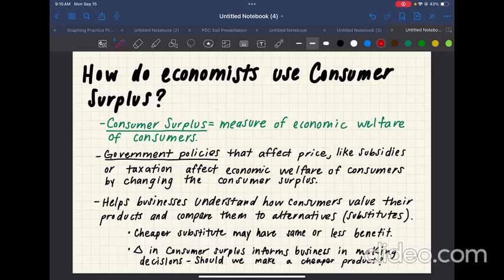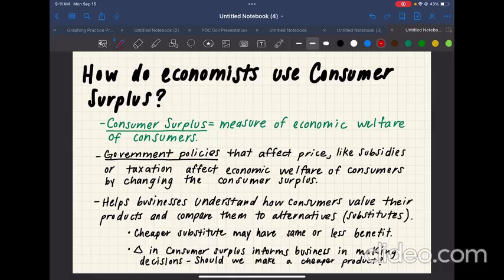So if you had a cheaper substitute that had the same benefit as a product, which is not the case with my iPad, then it would have a greater consumer surplus because it's a less expensive product, meaning more people will buy it, but they're getting the same amount of benefit.